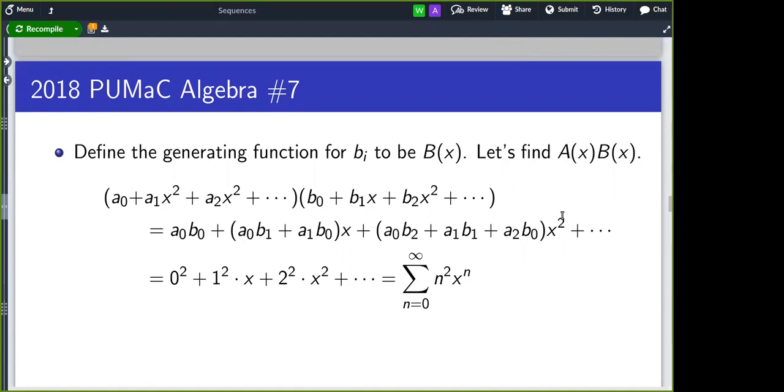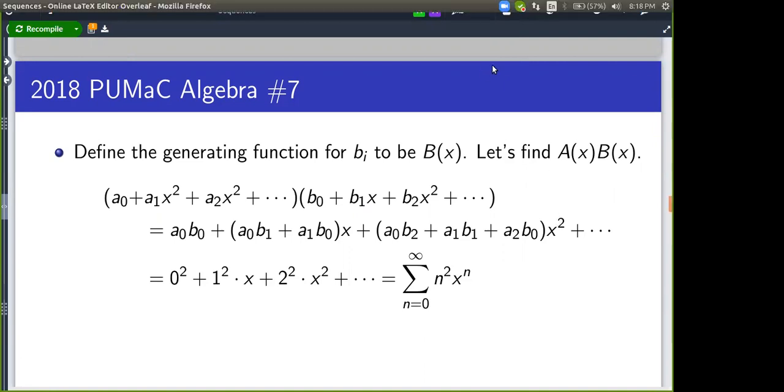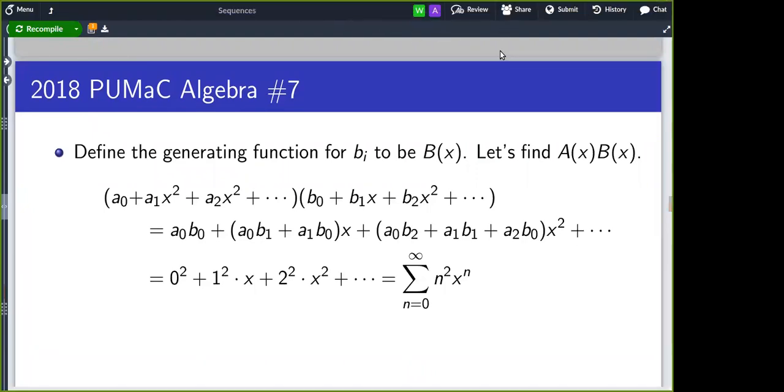Does anyone else have any ideas for how to get a quadratic term basically here? Yeah, n choose 1 and n choose 2.